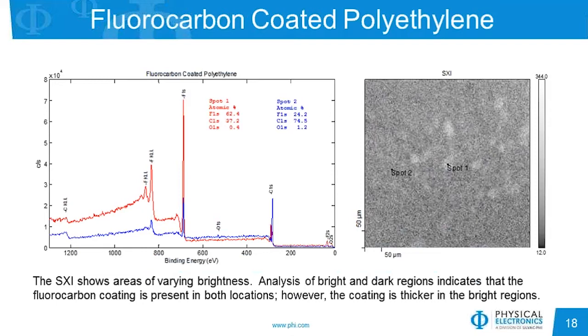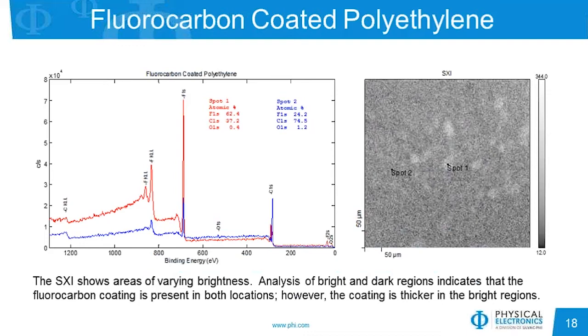If we analyze one of these bright features with a small X-ray beam localized to that bright spot, we can see in the survey that there are differences in the fluorine to carbon ratio of the two regions. It appears that the bright area has a higher fluorine concentration of about 62% compared to about 24% for the dark region.